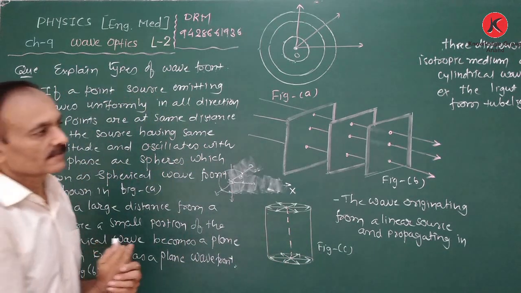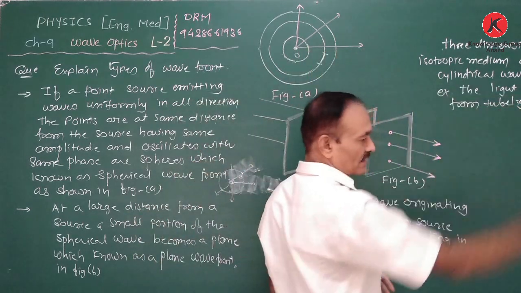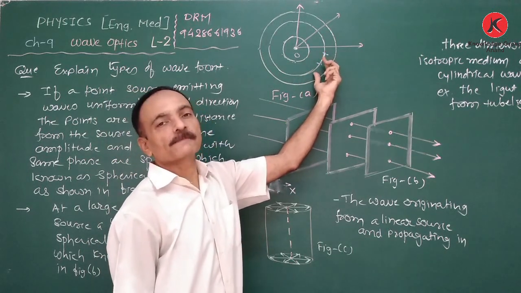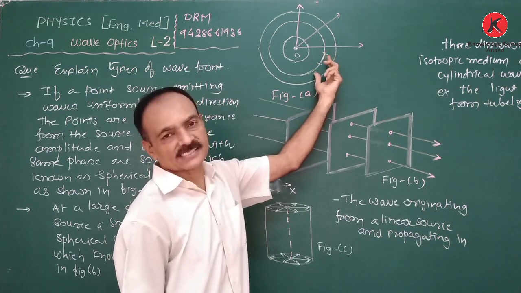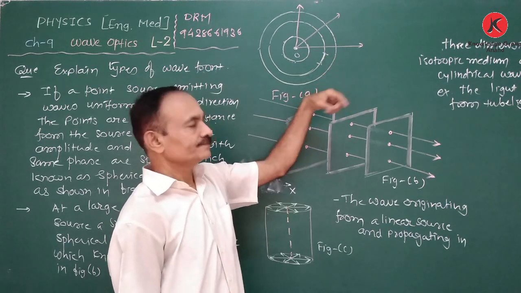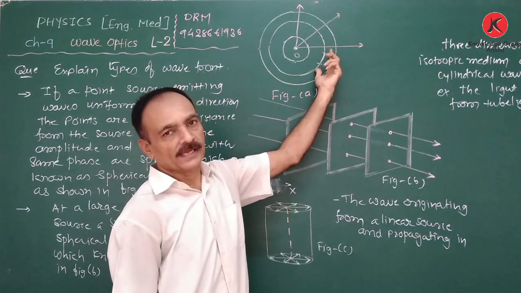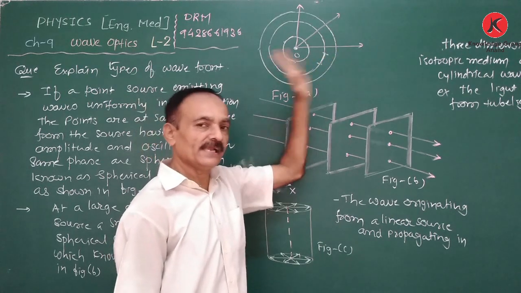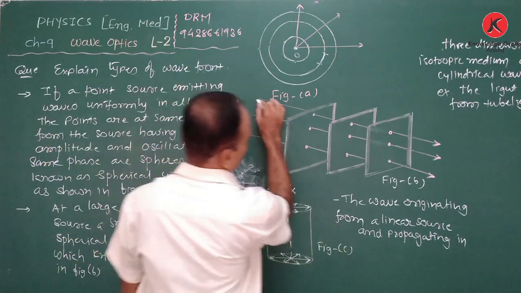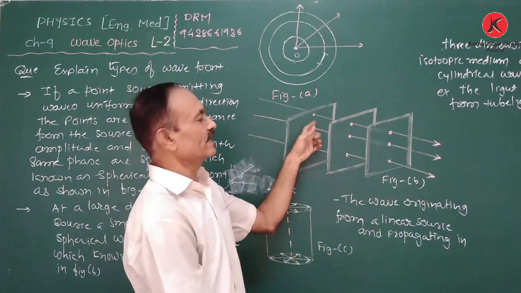Now the second type. If we consider a small portion of the spherical wavefront at a large distance, what happens? This small portion becomes a plane at a very large distance, and that is known as the plane wave or plane wavefront, shown in the figure. Here the waves at infinite distance are parallel to each other as we consider the cross section at any point.